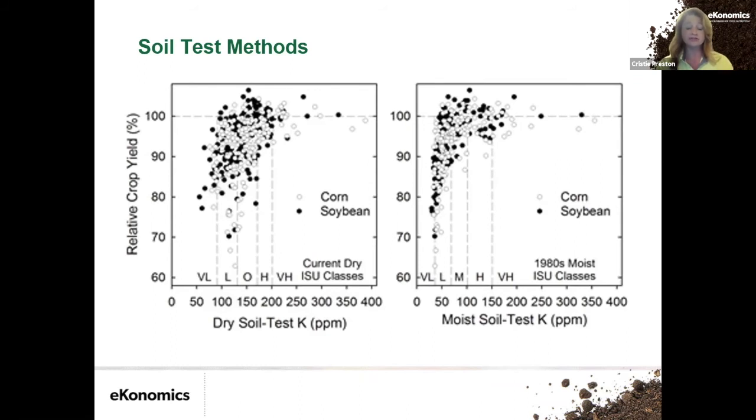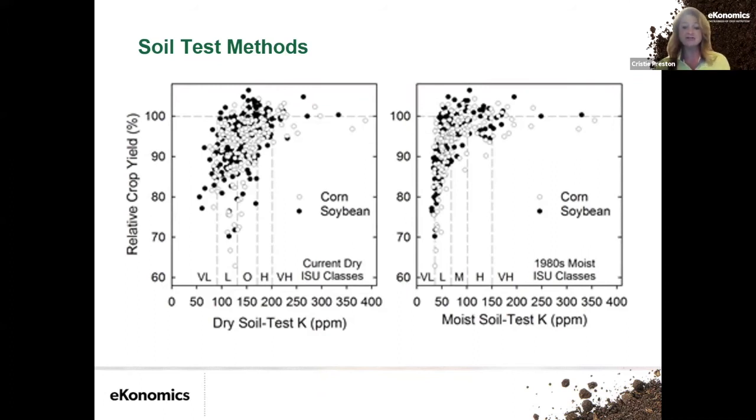And Dr. Antonio Mallarino has found that that drying process affects what the critical levels are in Iowa. So they've determined that maybe a moist soil test is a better way of predicting potassium needs for the plant. You're not getting that soil dried down, you're keeping it moist and potentially leaving that potassium.